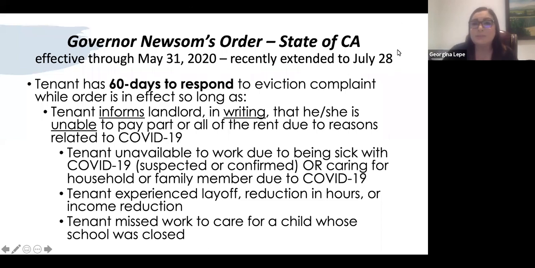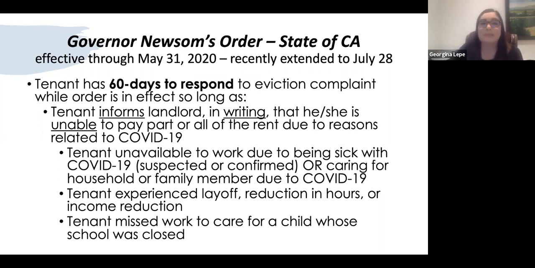So Governor Newsom made this order. It was extended until July 28th. He basically indicated that a tenant, once they're served with a summons, they have 60 days to respond. Obviously, that doesn't even come into play now because the summons can't be issued. So a tenant doesn't have anything to respond to if a summons isn't issued.